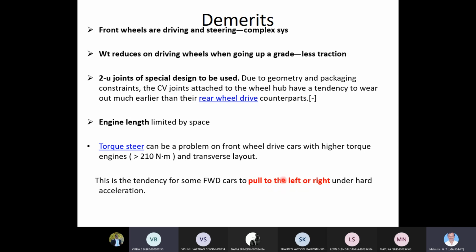Not always, but in some designs it may happen where very high torque output is there from the torque generator or source. This may result in accidents or hazards, sometimes beyond the control of the driver or operator. These are some of the issues seen in a few of these front wheel drive driveline layouts.